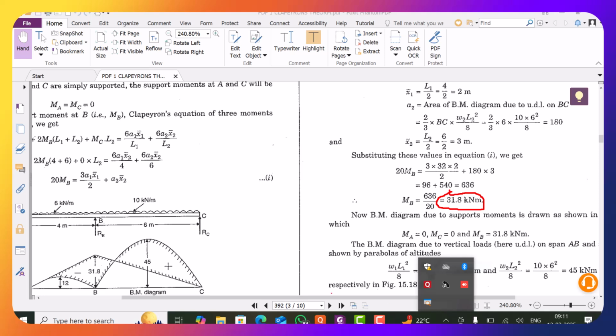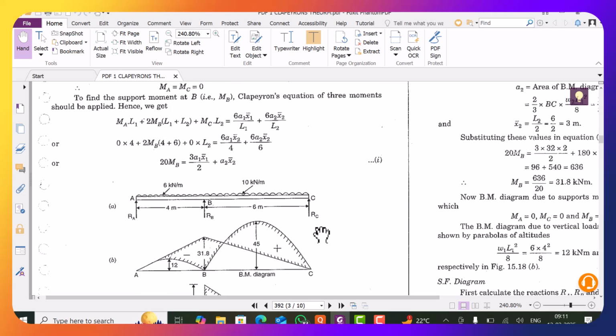Now how to plot the net bending moment diagram? You have calculated the value of MB. Now see here, first of all you have to plot the simply supported bending moment diagrams as you have plotted here, right?